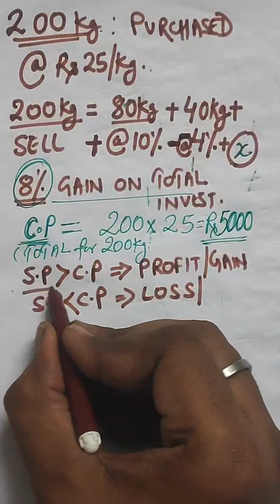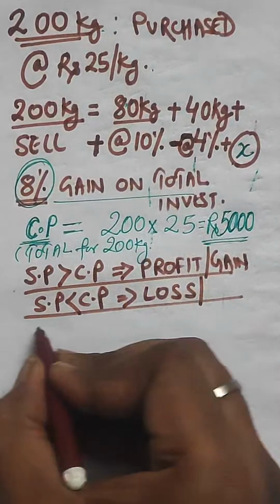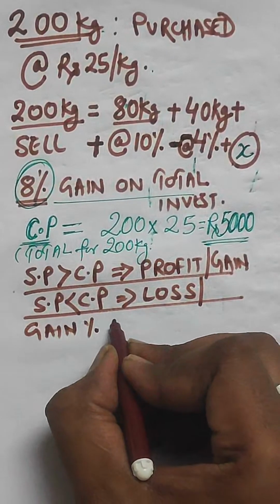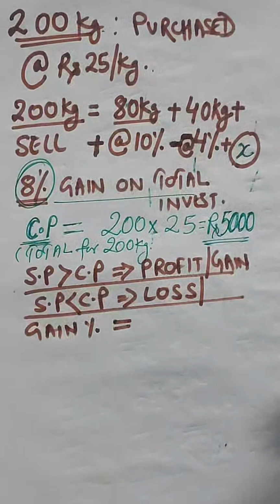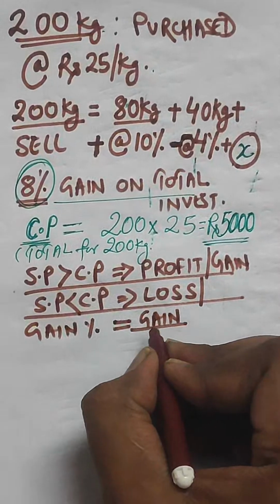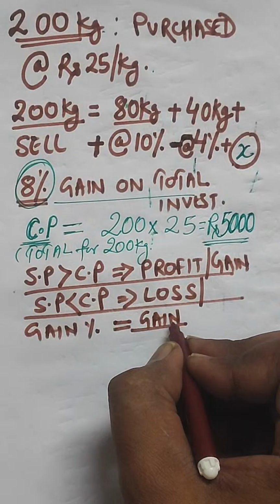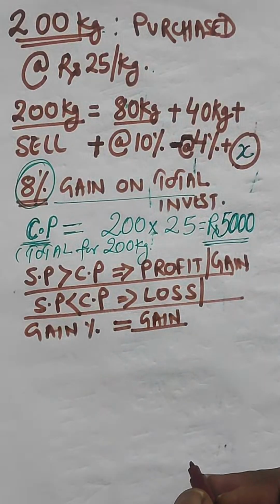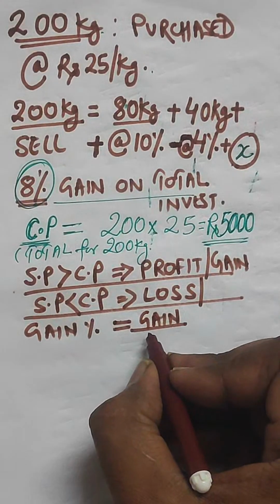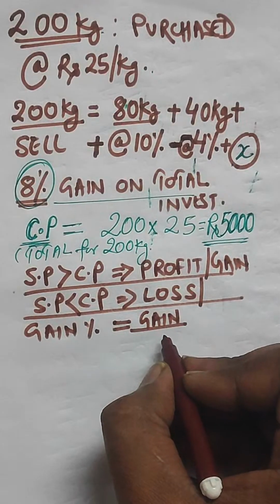And another two formulas. Gain percent or loss percent is always calculated on the CP, right? Hi Abhay Chauhan, hello, very good morning. So gain percent or loss percent is always made on CP.